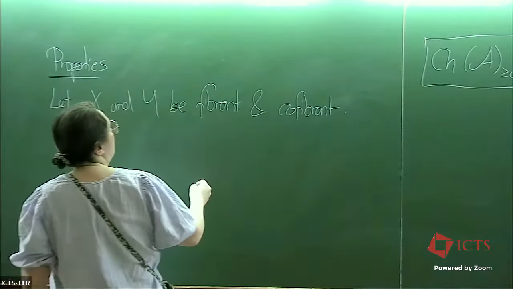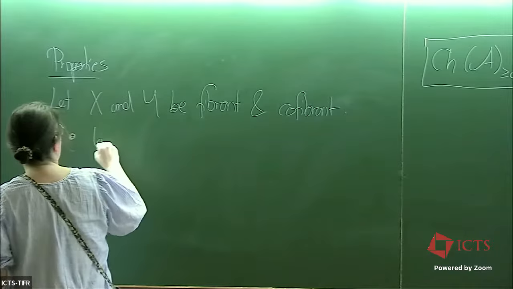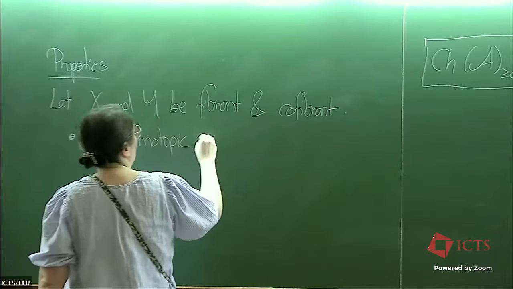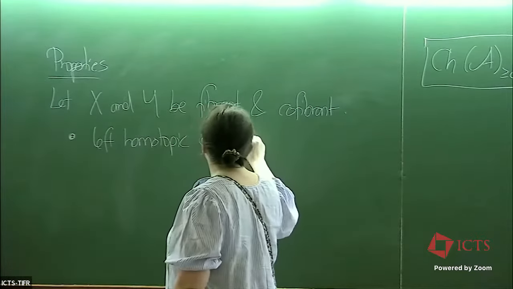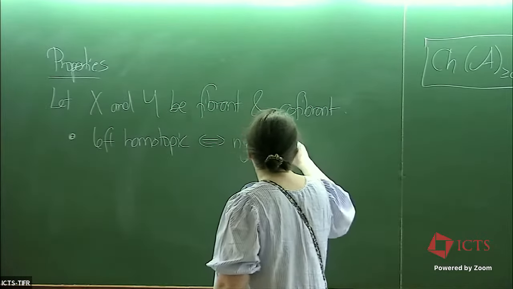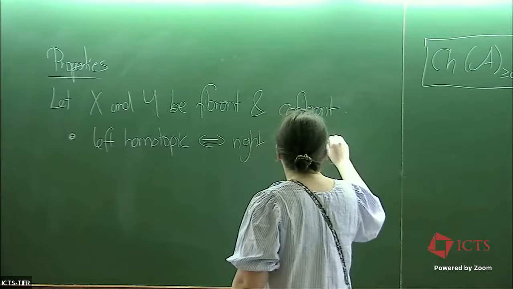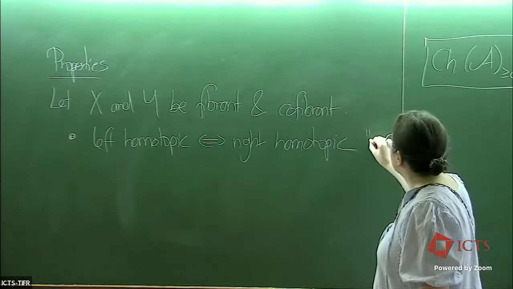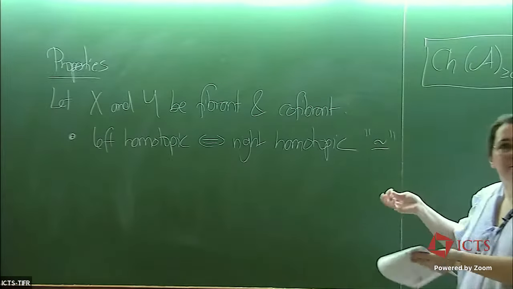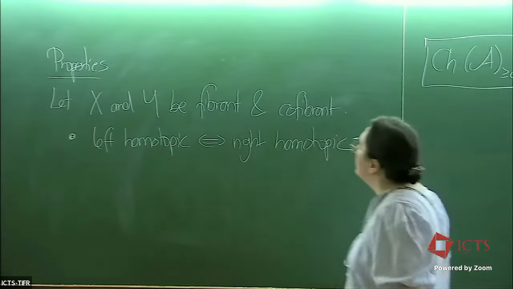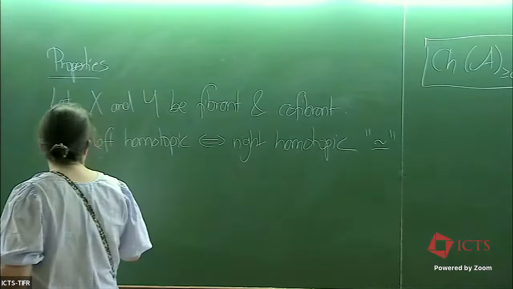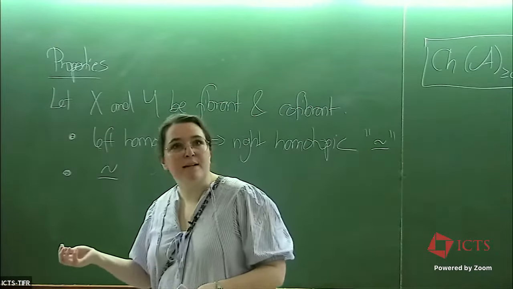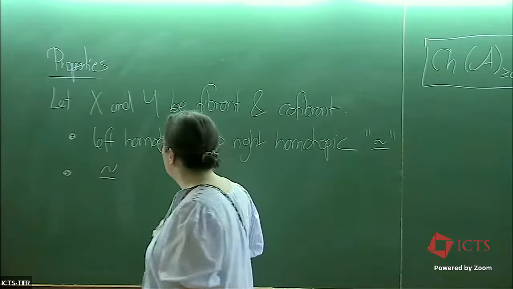So then you get that left homotopic is equivalent to right homotopic. And you can just say, in this case, homotopic rather than left or right. And then also, being homotopic becomes an equivalence relation on a set of maps.